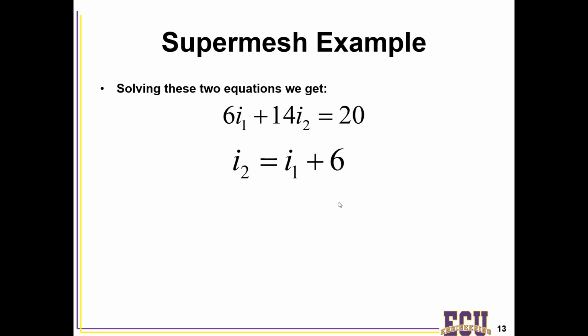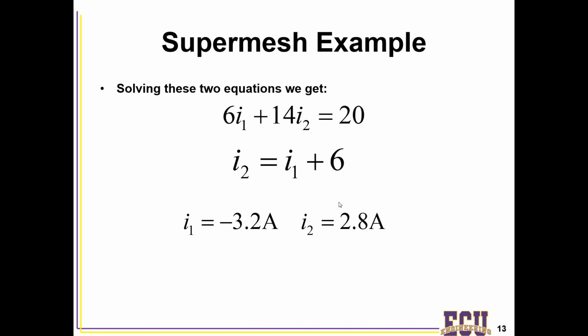So if you were to take those 2 equations and use any of the techniques that you've hopefully learned in a linear algebra class or some other course where you solve simultaneous linear equations, you could determine that I1 is equal to negative 3.2 amps and I2 is equal to 2.8 amps. What does a negative current mean?